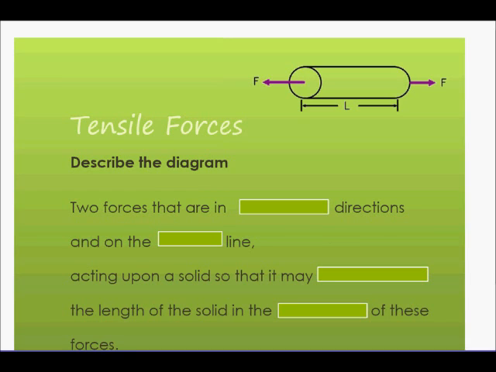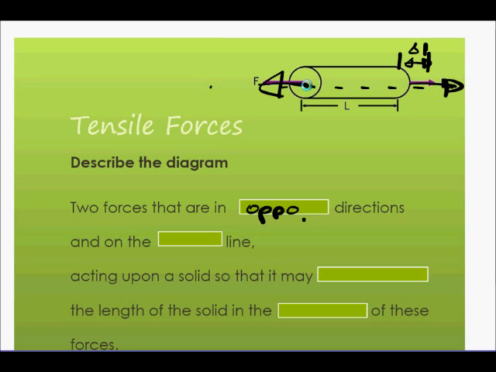Tensile forces. So what are these forces? Well, these forces work in such a way that they are going to change the length of an object. Okay, so two forces that are in opposite directions. If you look at the diagram, they're in opposite directions, but they're on the same line.